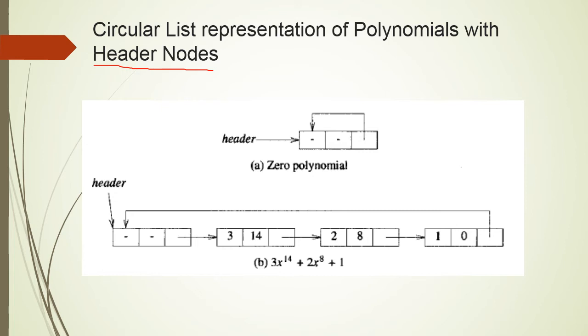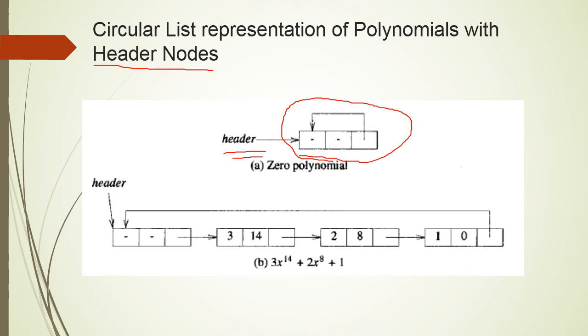A header node is a specially designated node which is always present at the beginning of the list, and it consists of some special information, like the number of nodes in the linked list, the length of the linked list, and other special information. If you want to store such information, you make use of the concept of a header node.